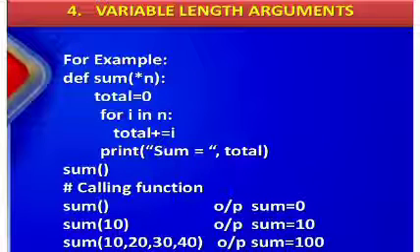Then if we pass one argument, it will print 10, because 0 is overridden with total equals total plus 10. Then if we pass 4 arguments, it will print the sum of all the arguments.